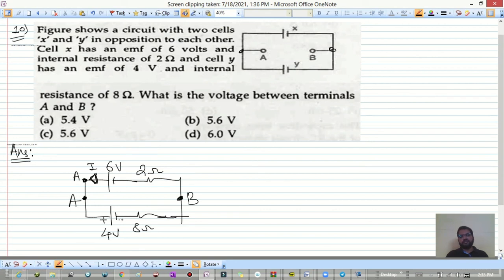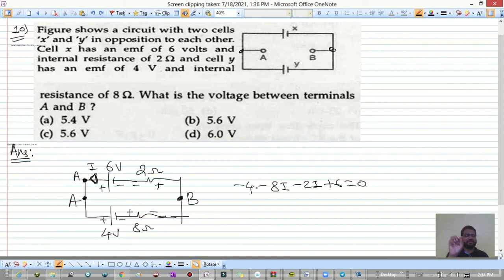As you can see, this is positive, this is negative, and the same circuit is there, so the current will be the same. So this is positive, this is negative, this is positive, this is negative. I'll start from point A: VA, dropping minus 4, then dropping minus 8 into I, then dropping minus 2 into I, then plus 6 is equal to VA only, right?